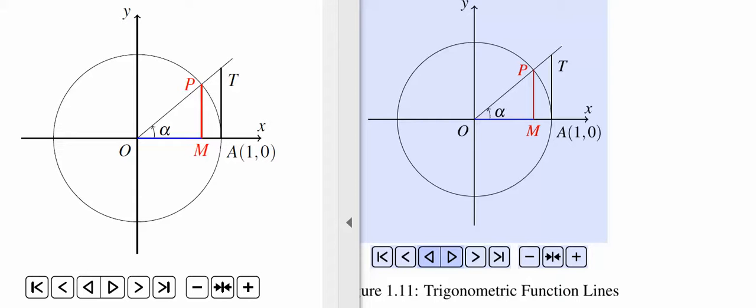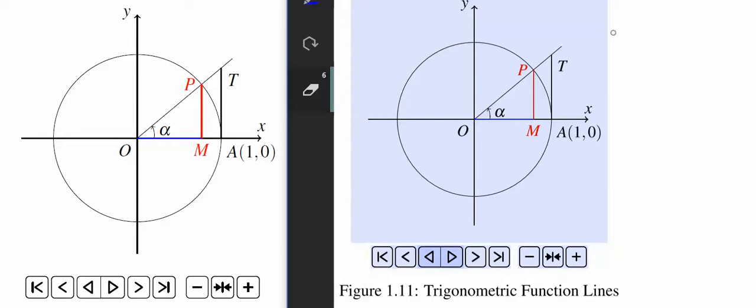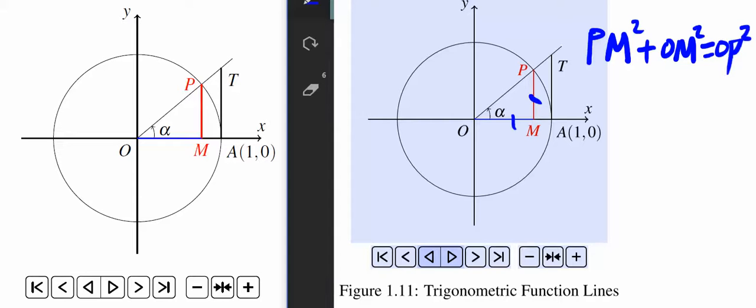In this right triangle, we know PM squared, this side squared, plus OM squared, OM is this side, is OP squared. OP is the hypotenuse.